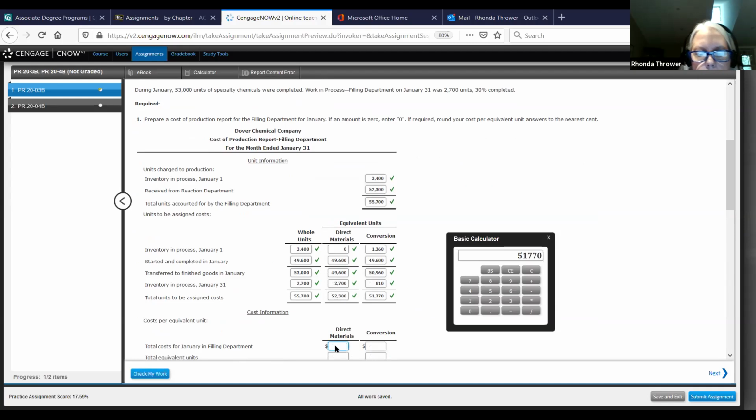So 496,850 is what you're going to put in for your total direct materials cost for the month of January.